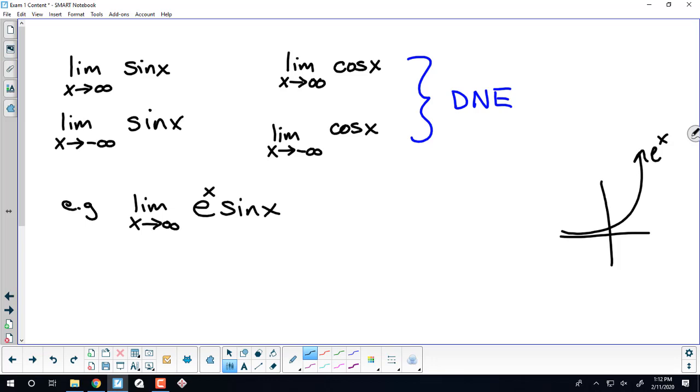So the idea here would be you're given something to the effect of negative e to the x is less than or equal to sine x, which is less than or equal to e to the x.